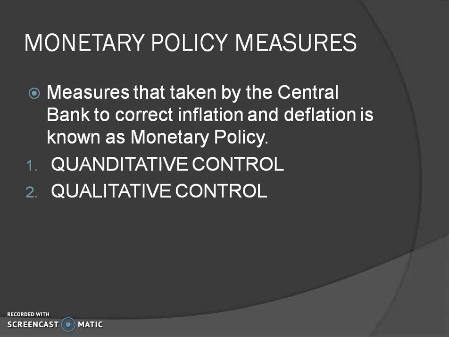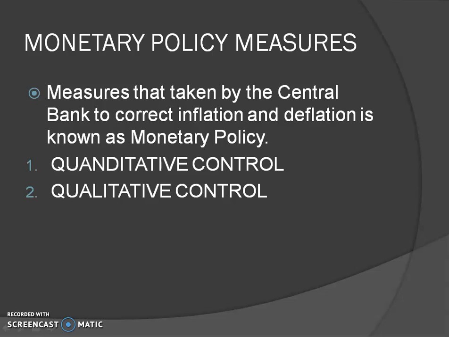These measures are taken by the central bank of the country. There are two types of measures to control credit or control demand, or to correct instabilities in the economy, that are quantitative control and qualitative control.